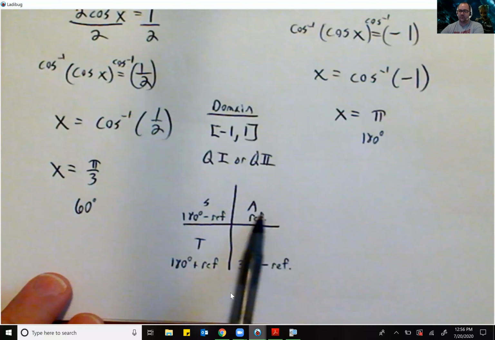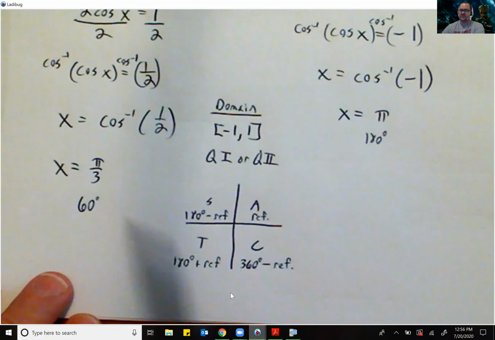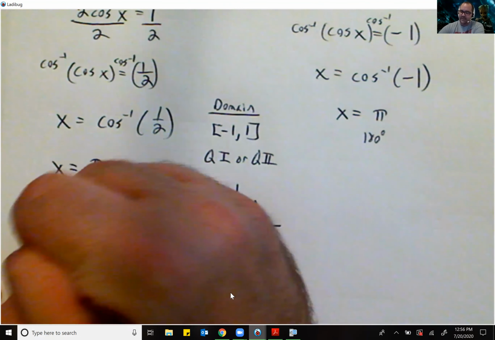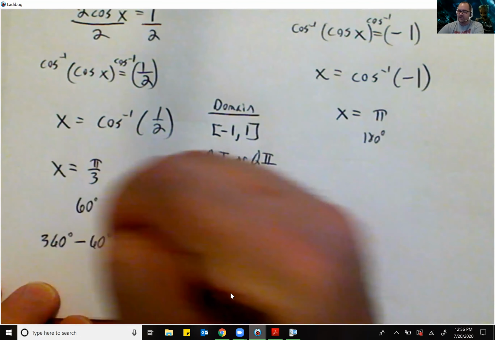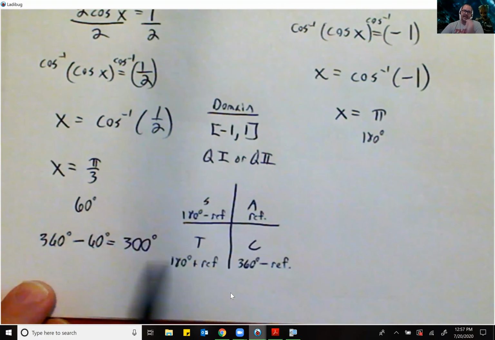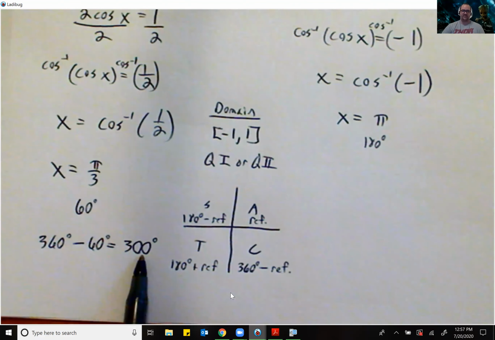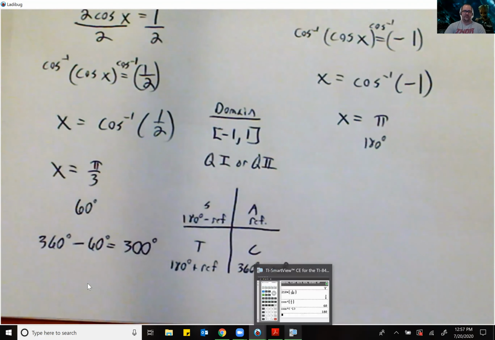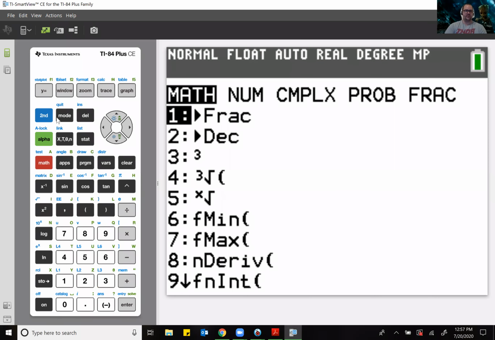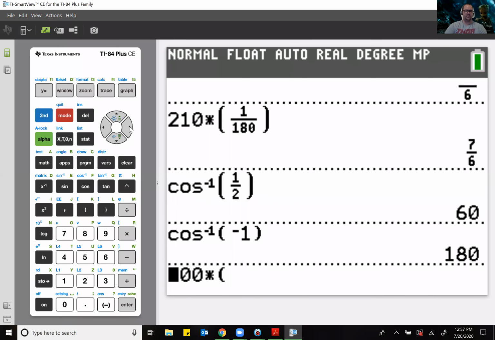So we already have this guy, which is cool. This is the reference angle. So all we have to do is take 360 degrees minus that. 360 degrees minus 60 degrees gives us 300. That's the other angle. You just have to turn it into radians. So just take 300 times second quit, scroll over, alpha y equals.